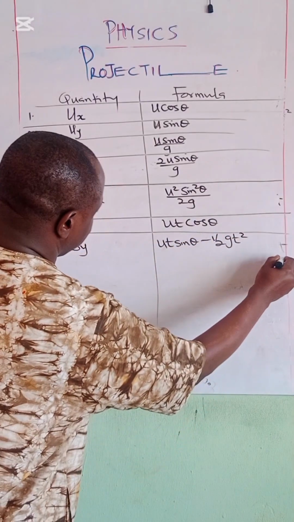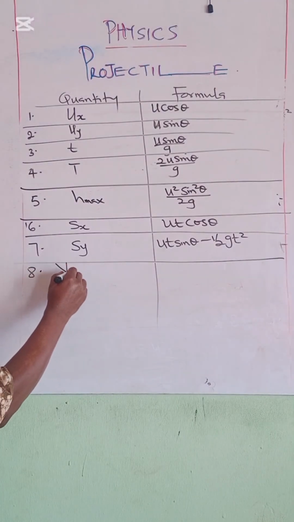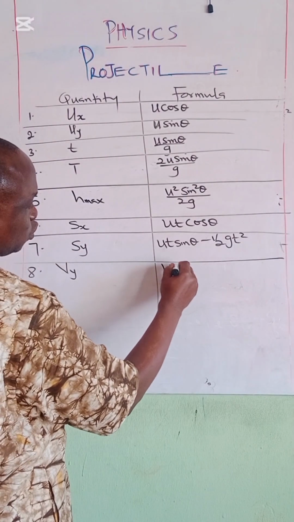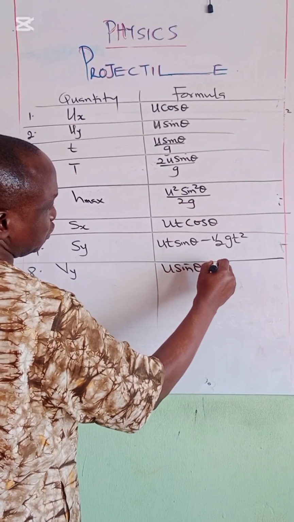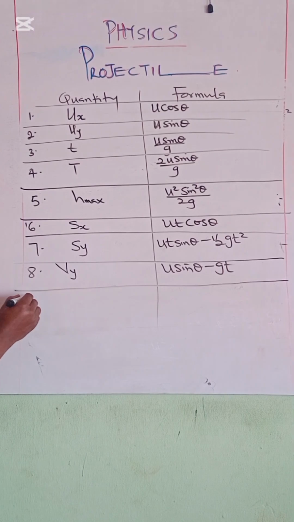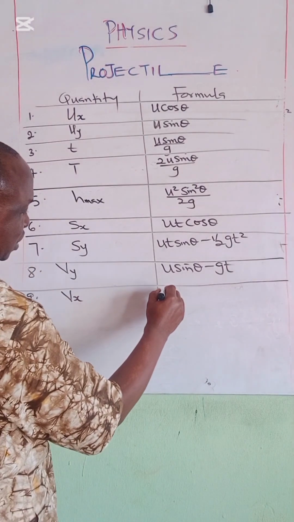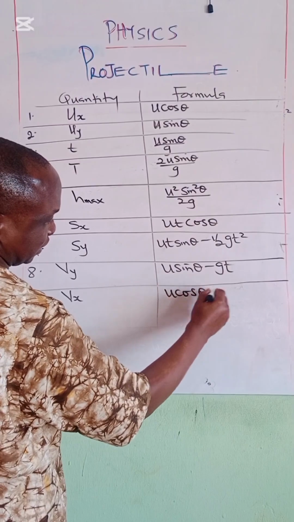We talk of vertical velocity VY, which is U sin theta minus GT. We talk of horizontal velocity, final velocity, that is VX. This one is given to be U cos theta, independent of time. Then we talk of range.